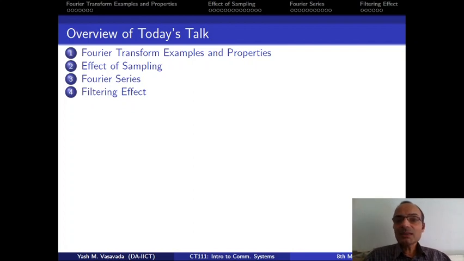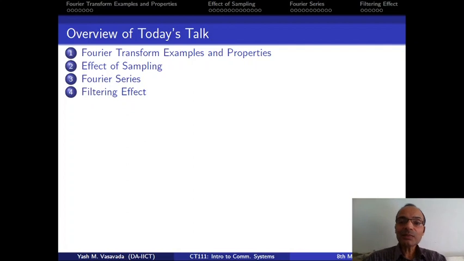The signal remains the same regardless of whether our viewpoint is looking at the signal from the time domain perspective or the frequency domain perspective. It's just that we are changing our way of looking at the signal.